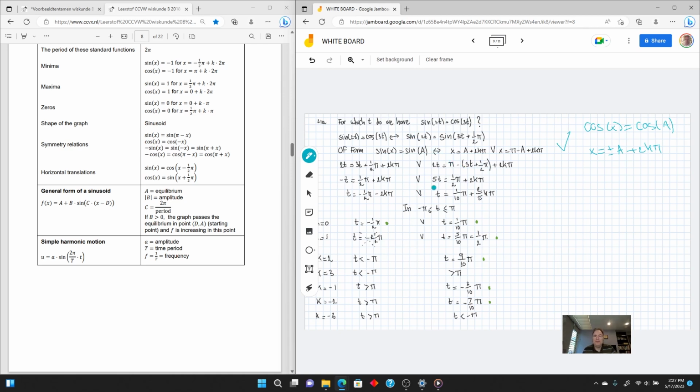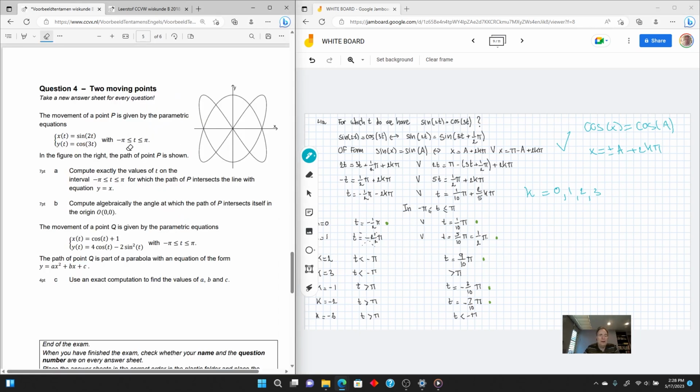And you get, of course, two equations, right? The first is t is minus 1/2 pi minus 2k pi, and the second is t is 1/10 pi plus 2/5 k pi. And remember now, just systematically go over all the possible values of k. So start with 0, 1, 2, 3, until you're outside of the domain or the range for t.